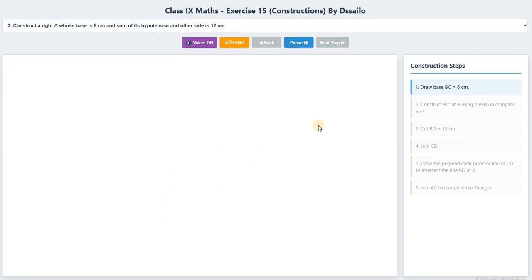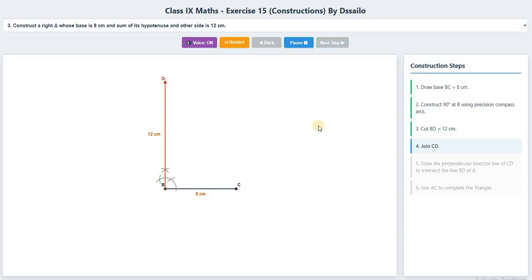1. Draw base BC equals 8 centimeters. 2. Construct 90 degrees at B using precision compass arcs. 3. Cut BD equals 12 centimeters. 4.